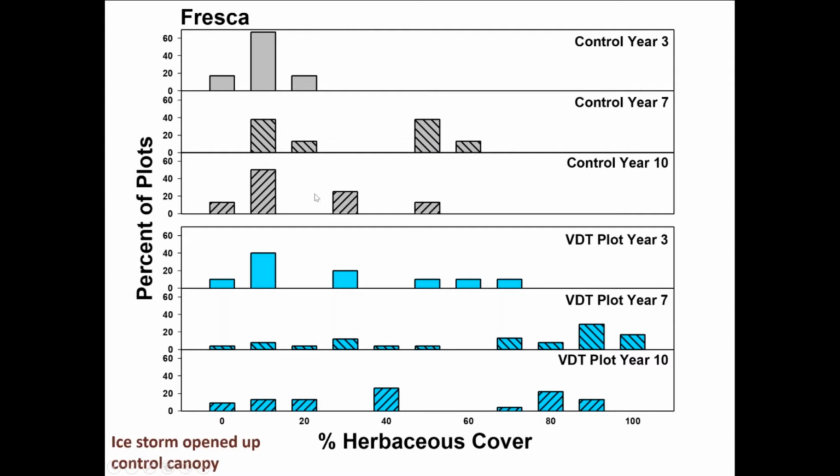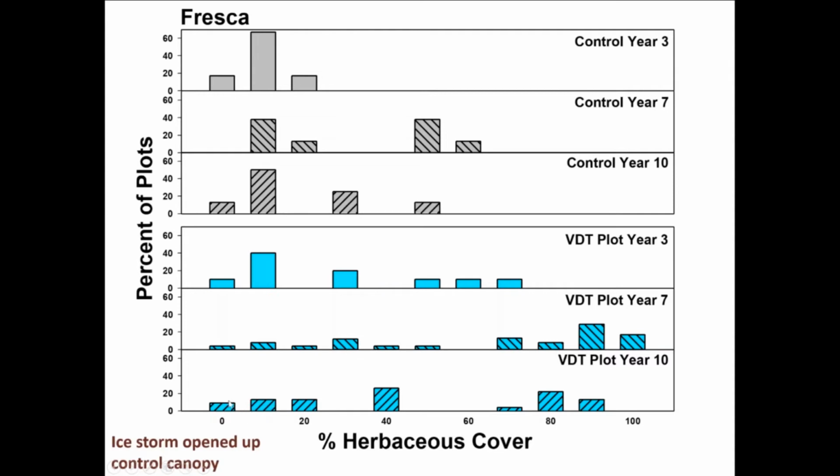And you might think, well, why was there all of a sudden a big increase in the cover in some of these higher categories in the control? And that's because there was an ice storm, which opened up the canopy. There were a lot of broken branches, and so there was some kind of short-term increase in cover. But over time, it started going back again, and we're not too different from what we started with.